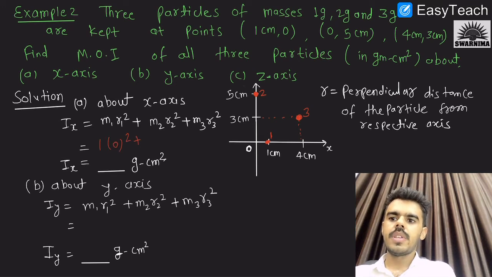plus m2 is 2 gram and r2 is the perpendicular distance from the x-axis. So this is the perpendicular distance, this is 5. So 5 square plus m3 is equal to 3 and r3 is the perpendicular distance from the x-axis, so that is 3.